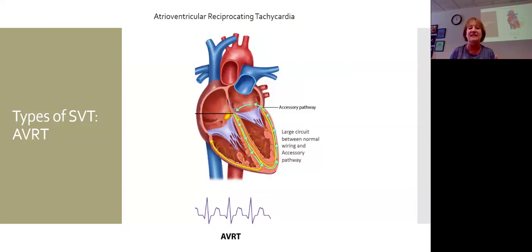It's AVRT, atrioventricular reciprocating tachycardia. This is an accessory pathway, not in the right atrium. As you see, it originates right here, and it's a large circuit between the normal wiring and an accessory pathway. This extra pathway is now taking control and making sure those ventricles contract. So it's not always with the AV node.